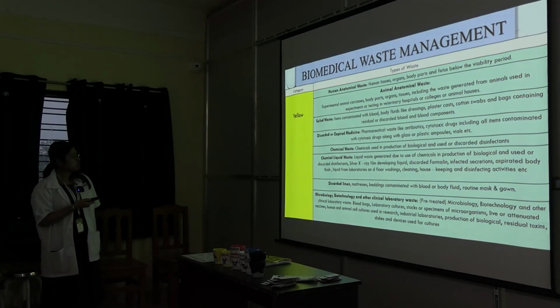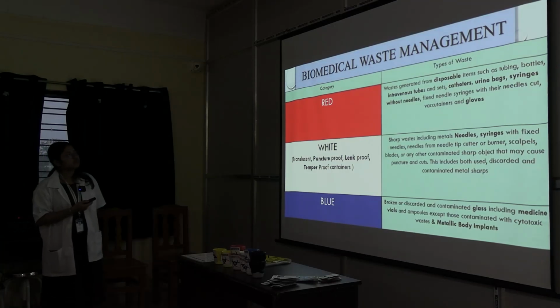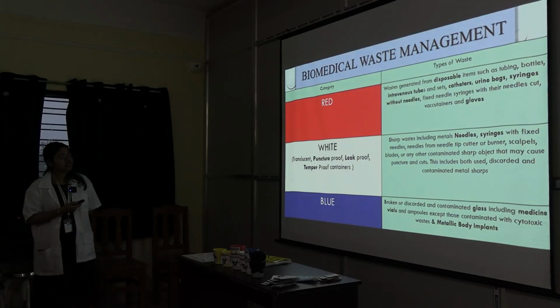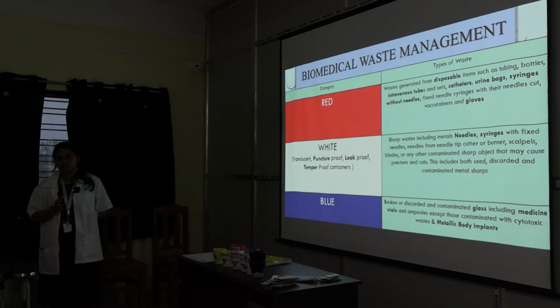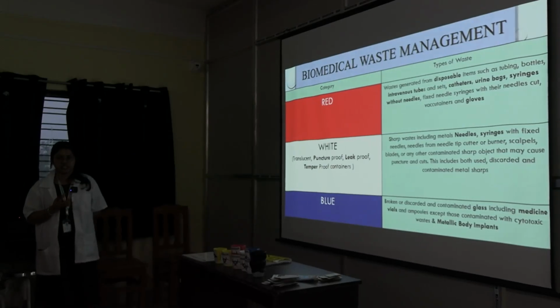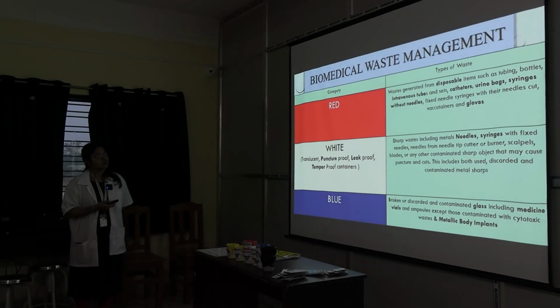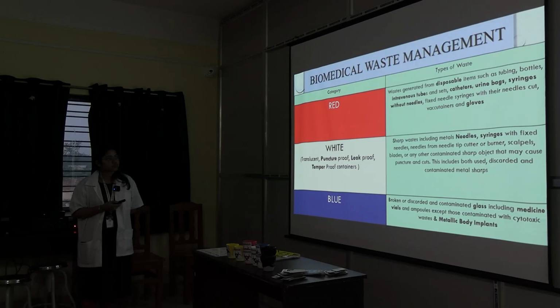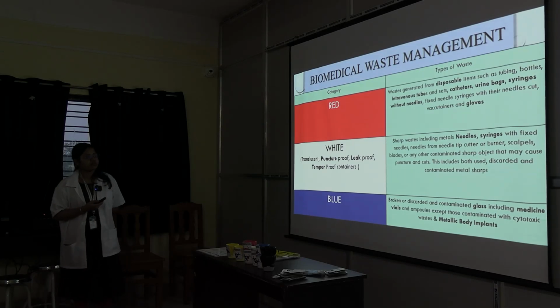In the red bin, we will be throwing mainly plastic or rubber waste. Those are recyclable. Things like IV tubes, bottles, catheters, urine bags, syringes without needle.